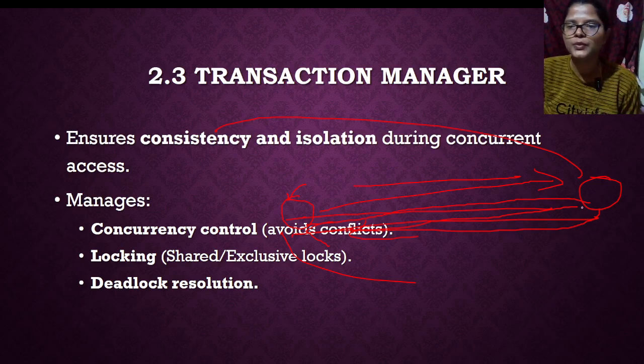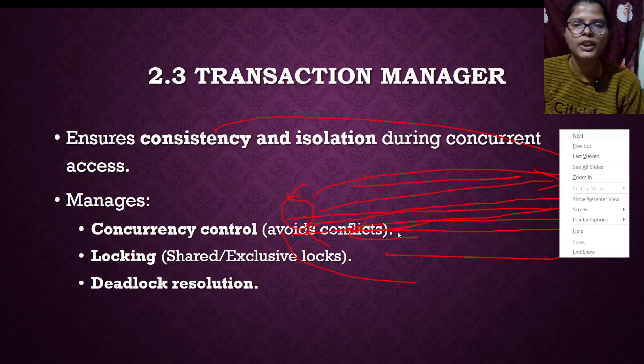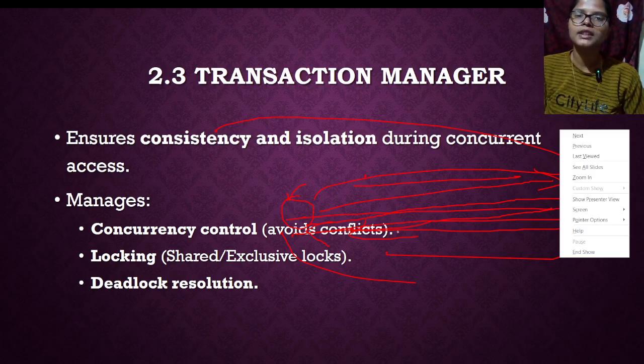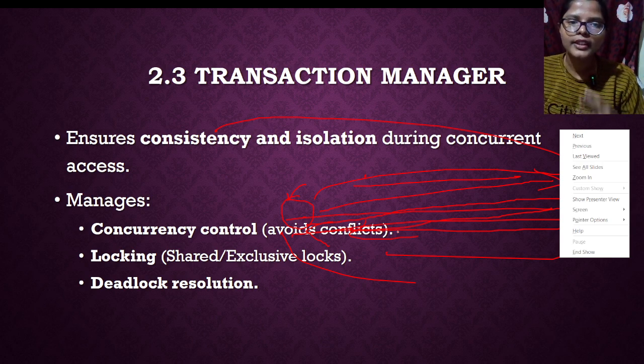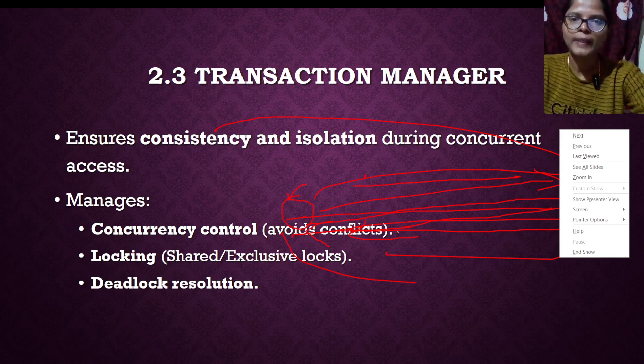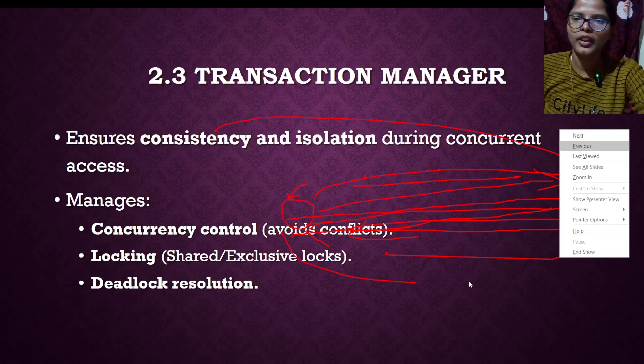Both are in a waiting state, and neither is moving. This kind of situation is called a deadlock. Such situations may occur in a database also. So, as I explained with this real-time example, to avoid these kinds of conflicts we have the transaction manager. All this is maintained for consistency and isolation.